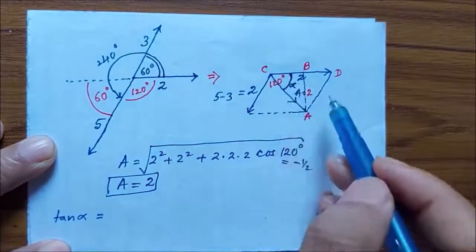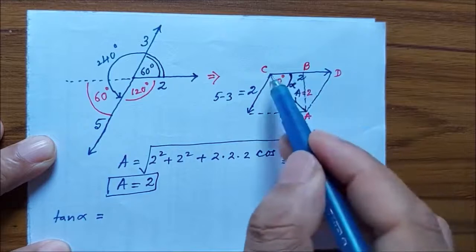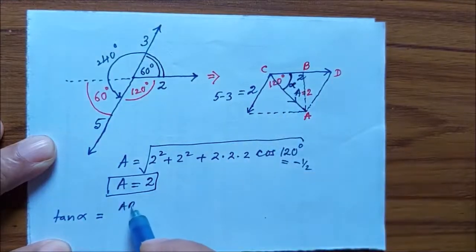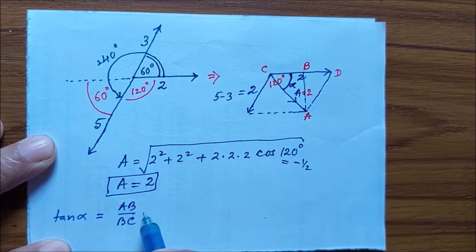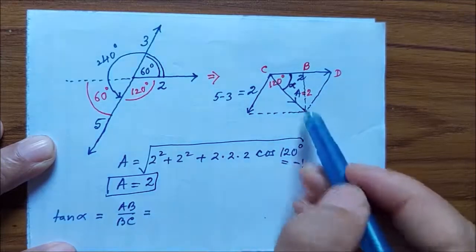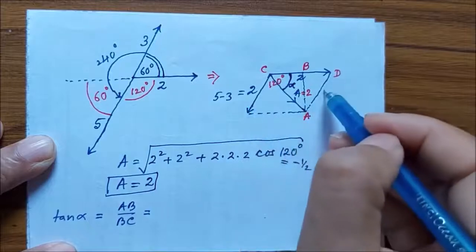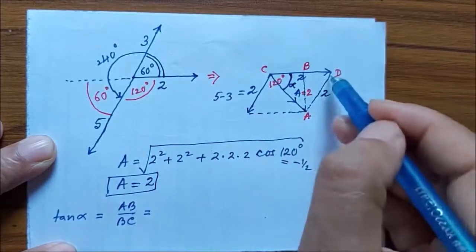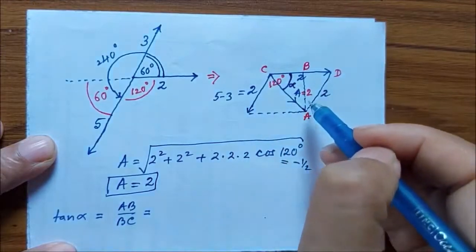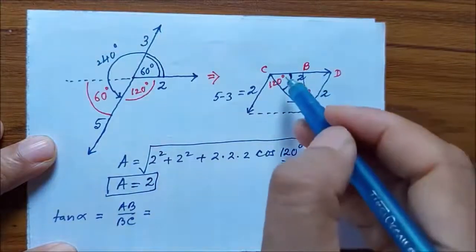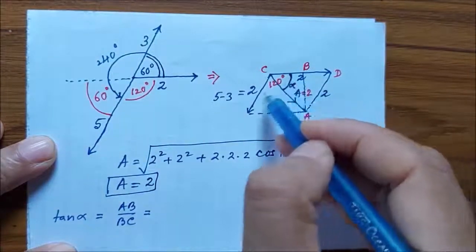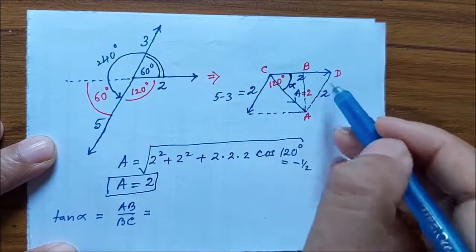Tan alpha is AB by BC. Now AB is, this is 2, so it is 2 sine of this angle. Now this is 120. So this angle is 60 degrees.